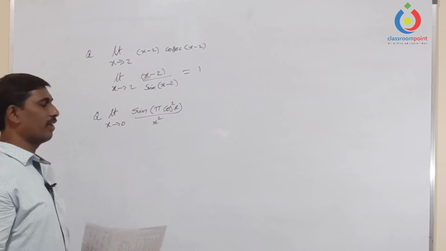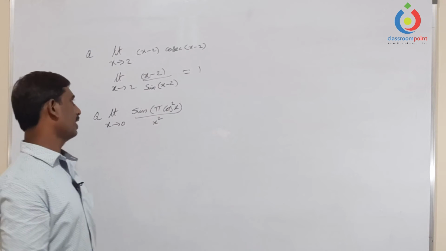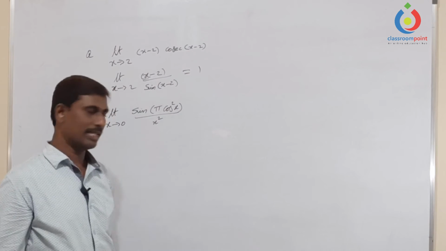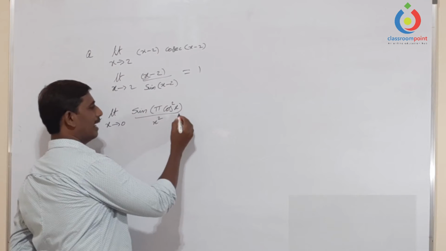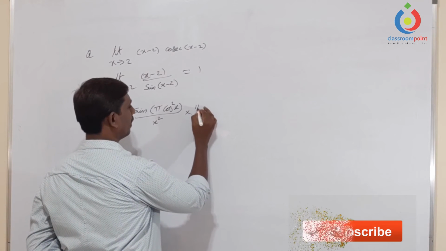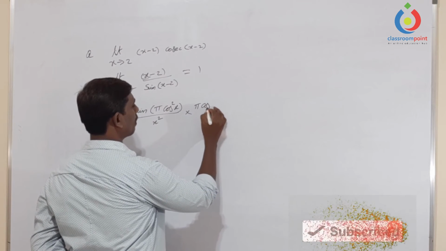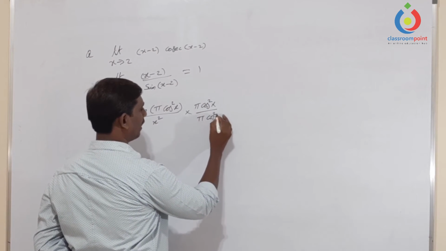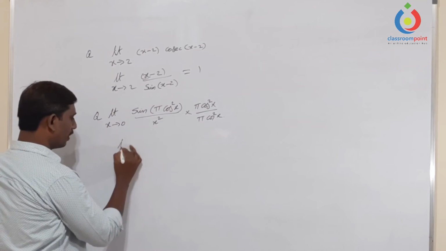Then how to simplify this one? What we need here is sin theta by theta. Let us consider multiplying and dividing with pi cos square x by pi cos square x. So then what we get here?